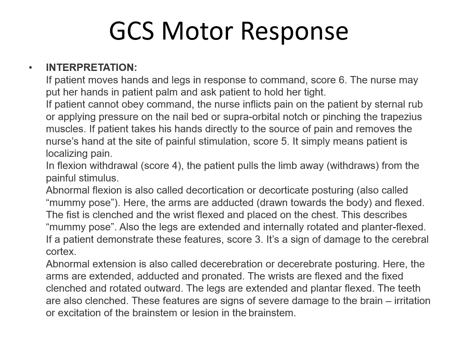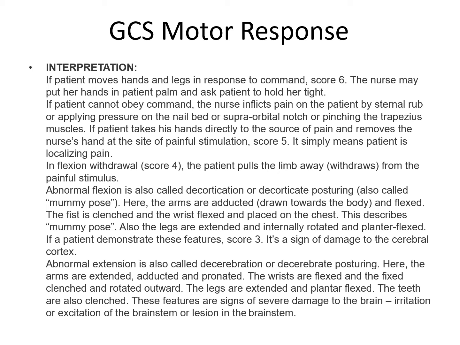So let's interpret that motor response. They get the highest score of 6 if the patient moves their hands and legs in response to a command. The nurse may put her hands in a patient's palm and ask the patient to hold her hand tightly.